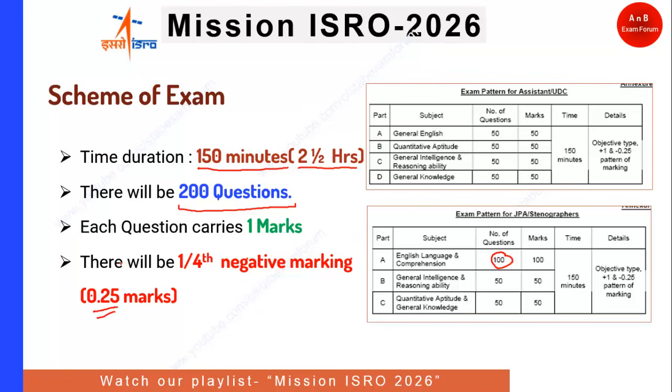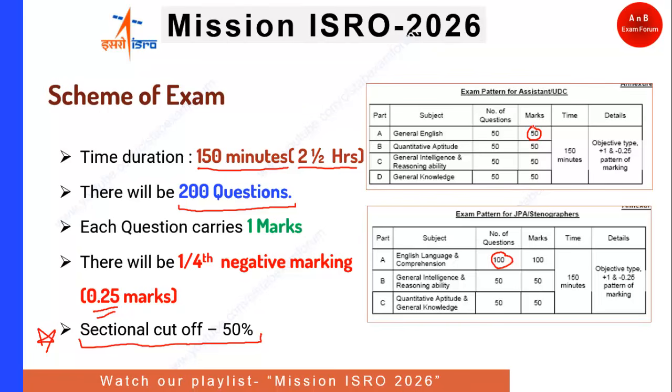And one important pointer that you should know is the sectional cutoff. There would be a sectional cutoff of 50%. What does this mean? This means that in each of these parts you should score 50%. For example, English has 50 marks, so at least you should have 25 marks in order to qualify this exam.